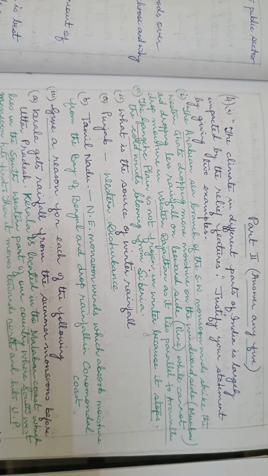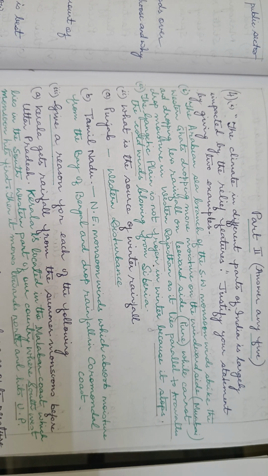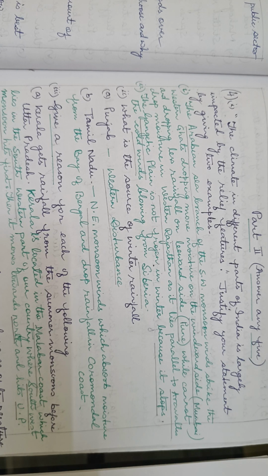One example: the Arabian Sea branch of the southwest monsoon winds strike the Western Ghats, dropping more moisture on the windward side, for example Mumbai, and less rainfall on the leeward side, for example Pune, while it cannot drop moisture in western Rajasthan as it lies parallel to the Aravallis.